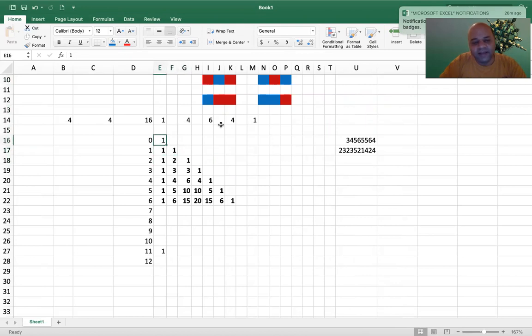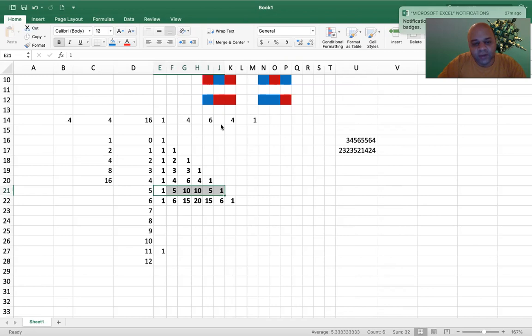If I write down the sum of all the numbers, this is 1, this is 2, this is 4, this is 8. This is 16: 1, 4, 6, 4, 1. How much is it? 6 plus 4 plus 4 is 14, plus 1 plus 1, 16. How much is this?